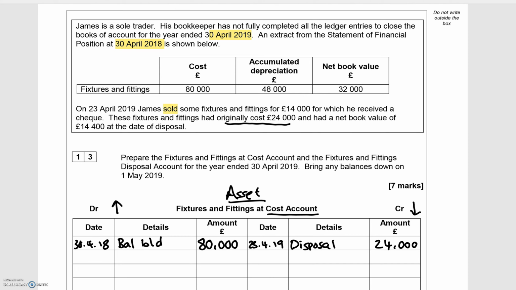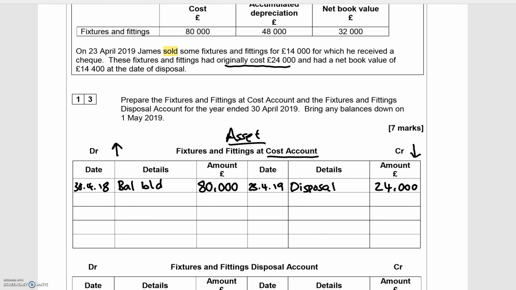So in regards to your cost account, this is all you need to do, and now you need to balance the account before you look at doing anything else. This is the higher side here, so this adds up to £80,000. This adds up to £80,000. So therefore the balance carried down must be the difference between the two, which is £56,000.